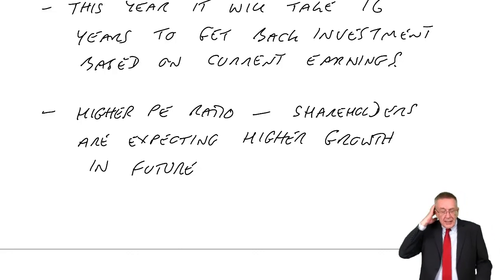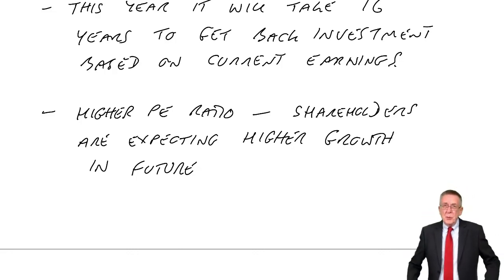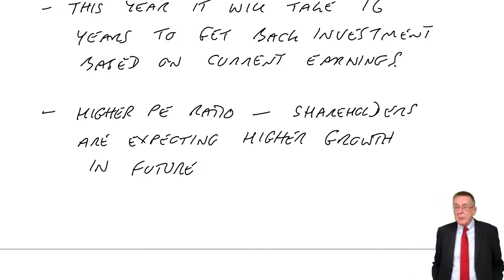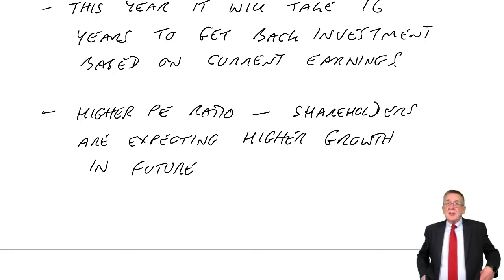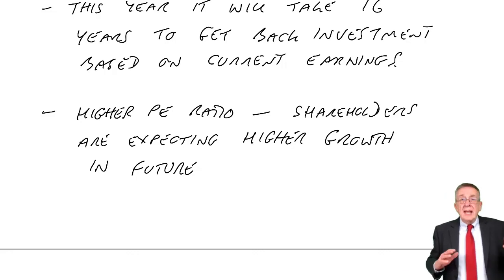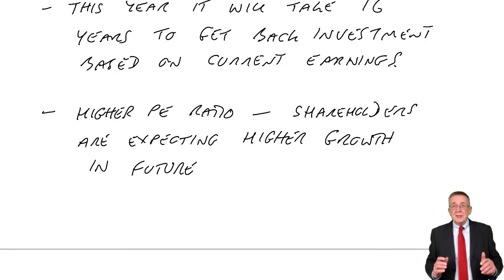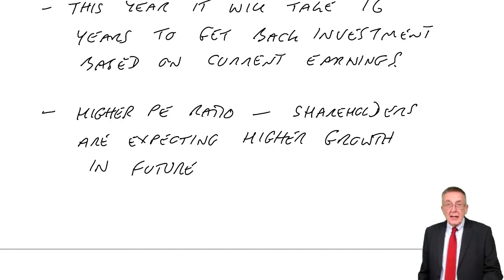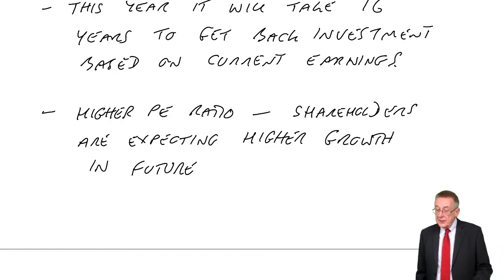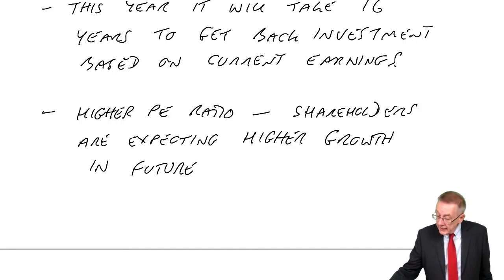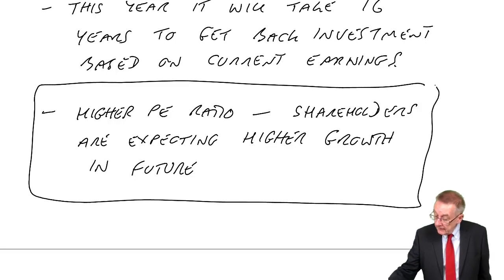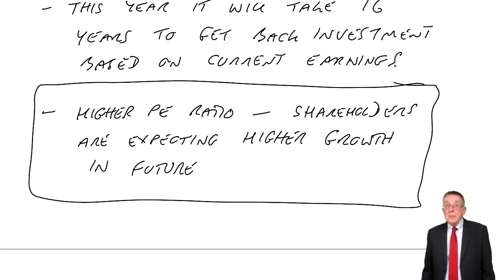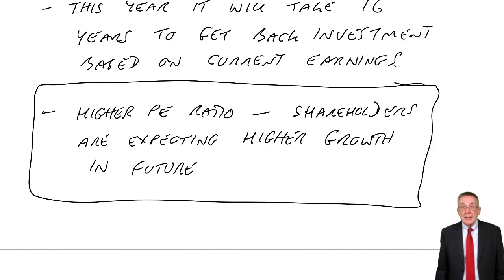Well, it didn't mean investors were expecting it would take 2,000 years to get the money back. They never would have bought them. It's because they were expecting the earnings to grow so much. The more growth they expected, the more they were prepared to pay. They were hoping to get the money back a lot sooner than 2,000 years. But that's why it is so important. The higher the PE, the more growth they're expecting.